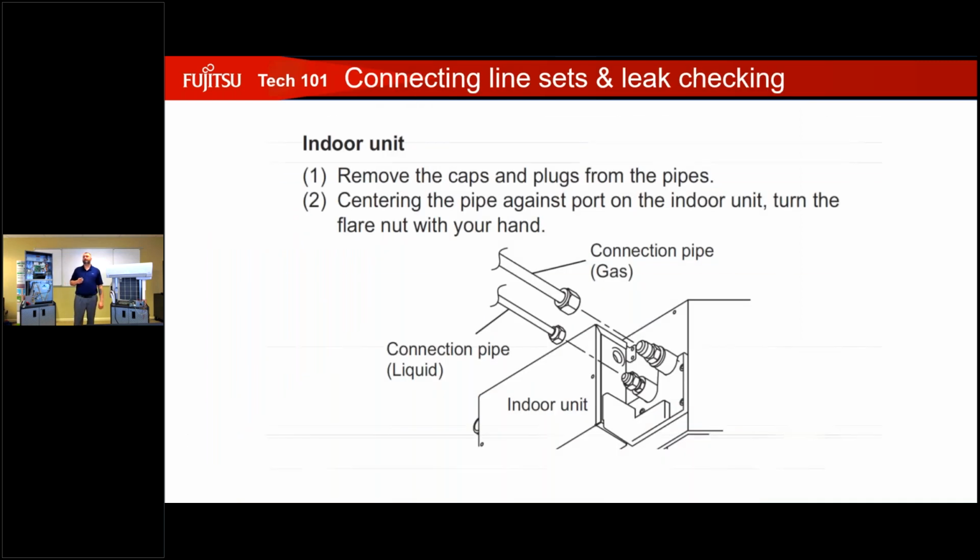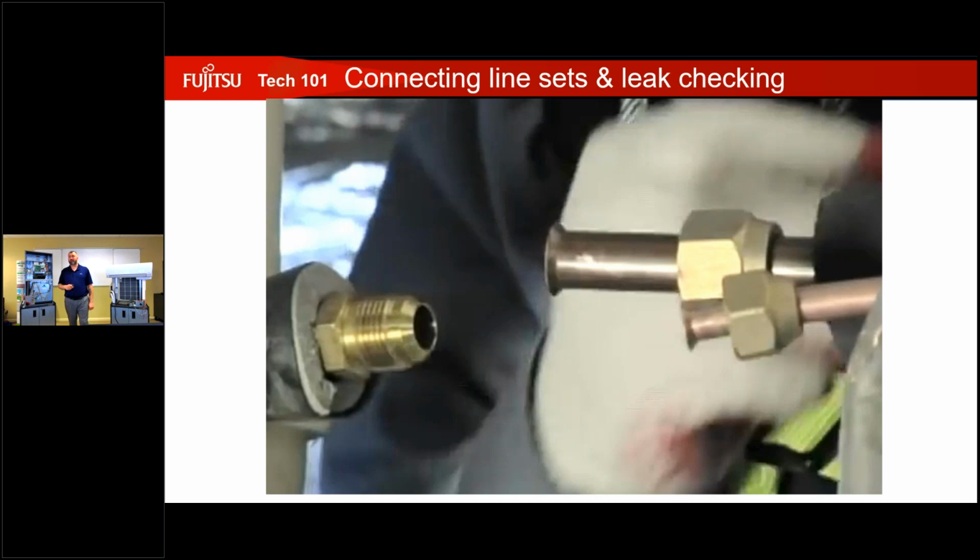All right. Now, when we get into the fitting process, we've already made our flare fitting. To make this fit, we take the face of the flare and put it right to the face of the flare nut, firmly holding that in place while we slowly hand tighten the flare nut.